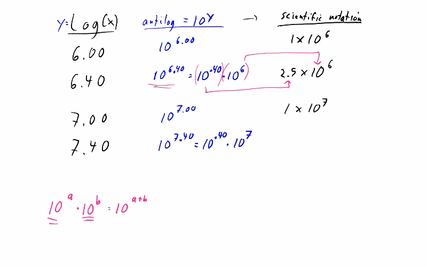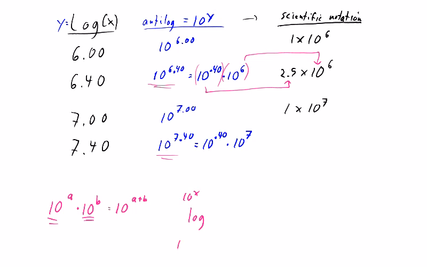Now the reason this is nice is because when you get down to the bottom case, you could take 10 and raise it to the 7.40 power. That's the easiest thing to do in your calculator. And by the way, you might notice on most calculators, if you have a log button, there's a button right above the log. It's usually the second function that says 10 to the x power.